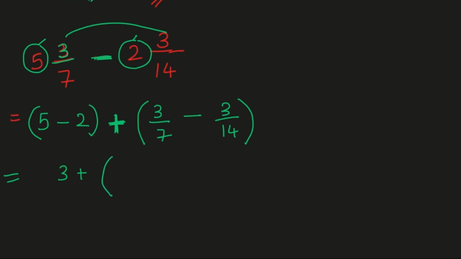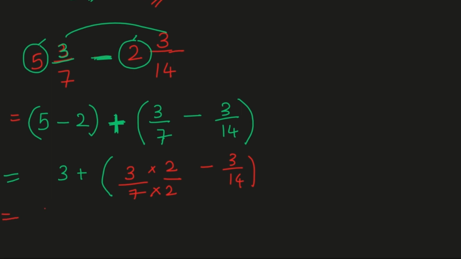The denominators are different, but you know that simply seeing them, you can convert the 7 into 14 by multiplying the denominator and the numerator by 2, right? So what I'm doing, it's 3 upon 7. So I'm multiplying both the numerator and the denominator by 2. I'm putting this 3 upon 14 as it is.